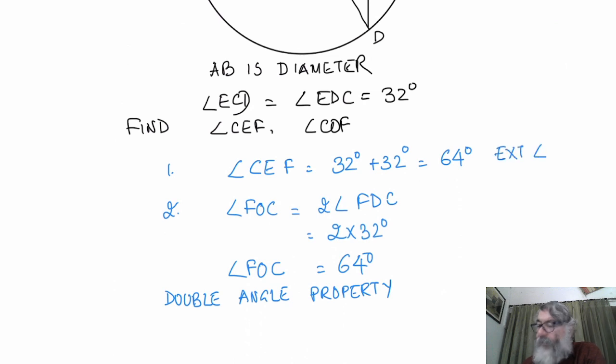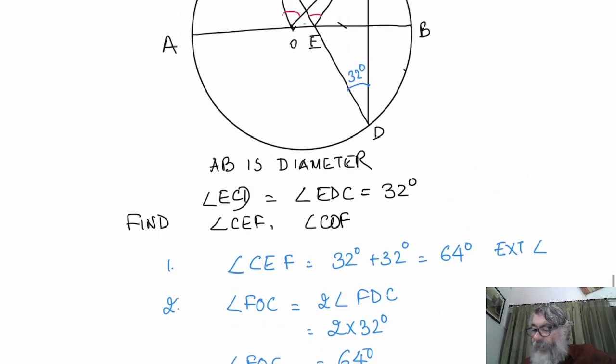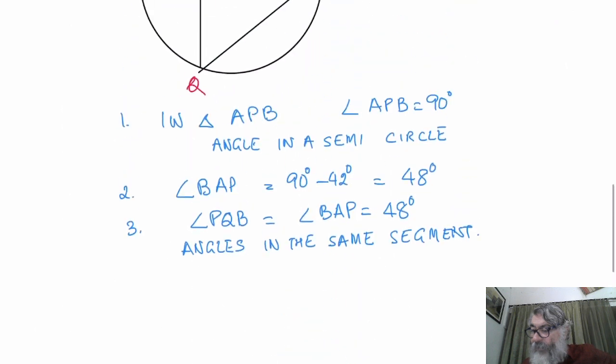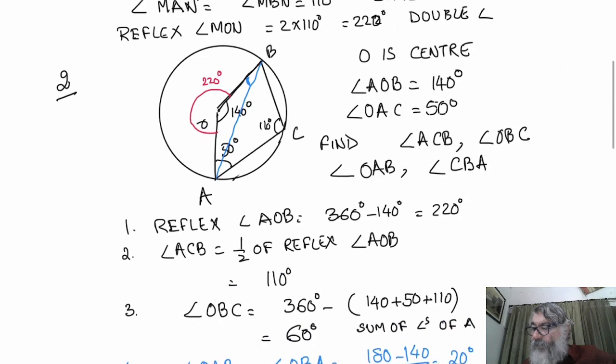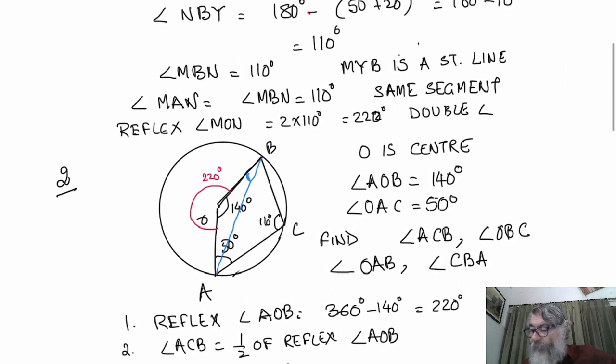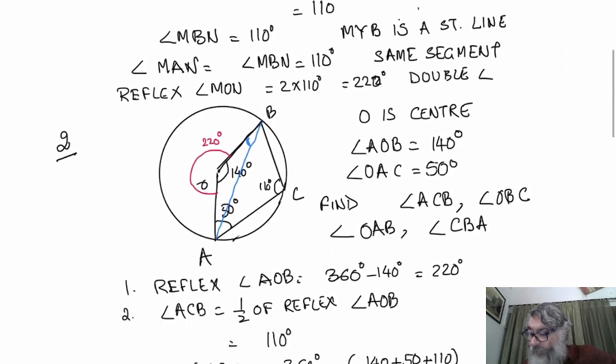Even if I write just exterior angle, it is alright, because in standard 10th you are supposed to know the exterior angle property: the exterior angle of a triangle is equal to the sum of the interior opposite angles. So that is how we have got this. Is that clear?